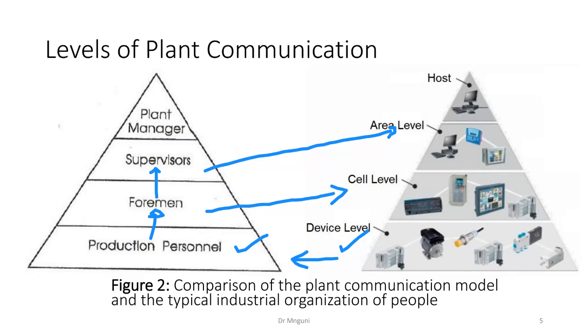And now you have to also take this into consideration. Communication needs to be consistent with the foreman from these general workers, the production personnel, the people who are doing the hard work. And then the foreman needs to be able to combine or collect this information that he's getting from the production personnel and send it to the supervisor, or summarize it and send to the supervisor what he feels is important for the supervisor to know.